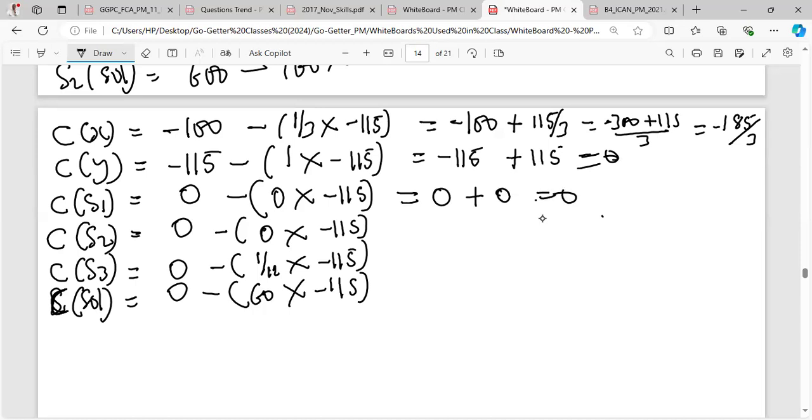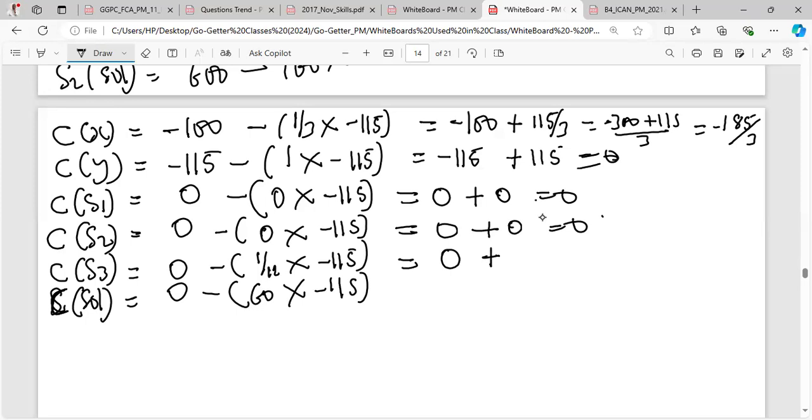That gives me 0. I'll write it soon. This is 0, minus minus gives me a plus. 0 times 115 will give me 0. That's 0. I have 2 zeros to write.